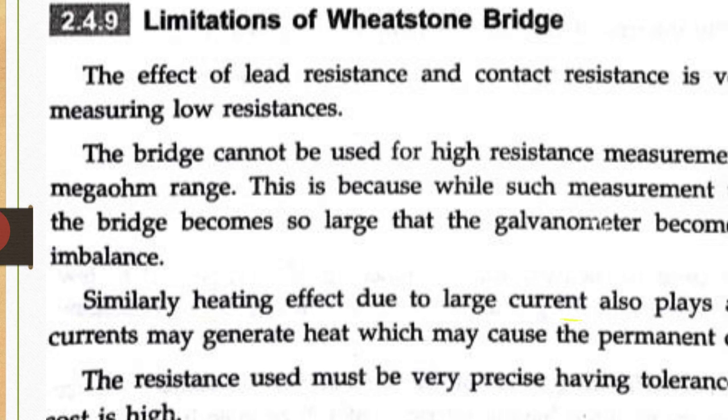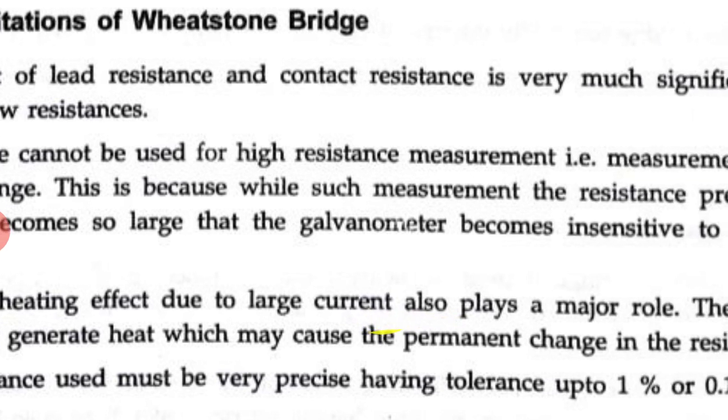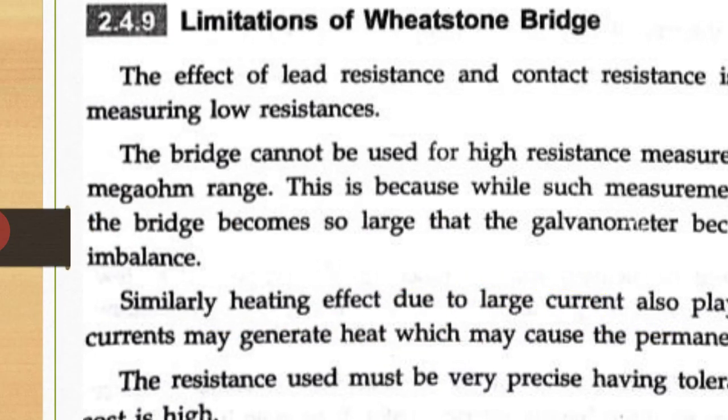The bridge cannot be used for high resistance measurement, that is, measurement in the mega ohm range. For that there is a separate meter, the megger. When measuring high resistance, we have to use a megger, not the Wheatstone bridge.